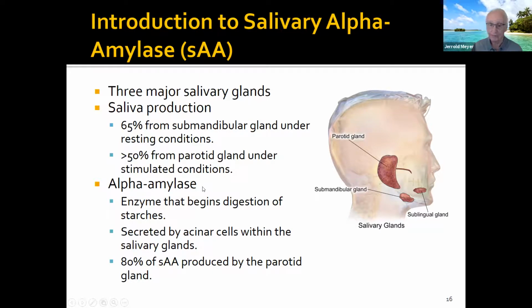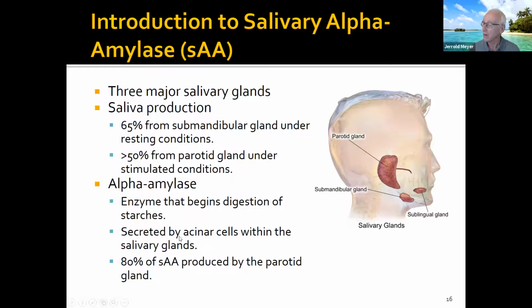So what is alpha amylase? This is an enzyme. It's a protein, it's an enzyme, and it is the first enzyme that starts to break down starch. So right away, as soon as you eat a meal that has any carbohydrate or complex carbohydrate in it, it already starts to get broken down before it even hits your stomach or your small intestine.